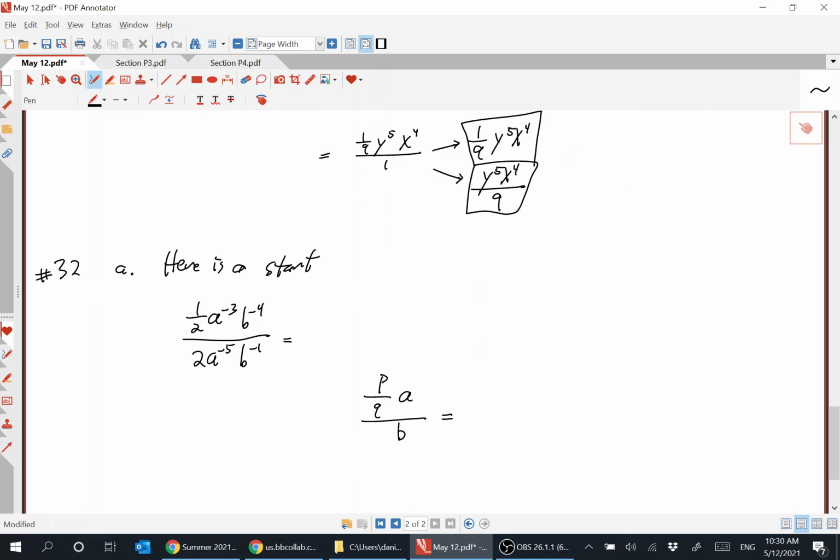This can go out front as another fraction, and then this just evaluates like this. But really, it's nice to go from here to here right away. So I've got this fraction on the top of another fraction. Leave the numerator in the numerator, the denominator in the denominator, in a fraction that's only using multiplication.